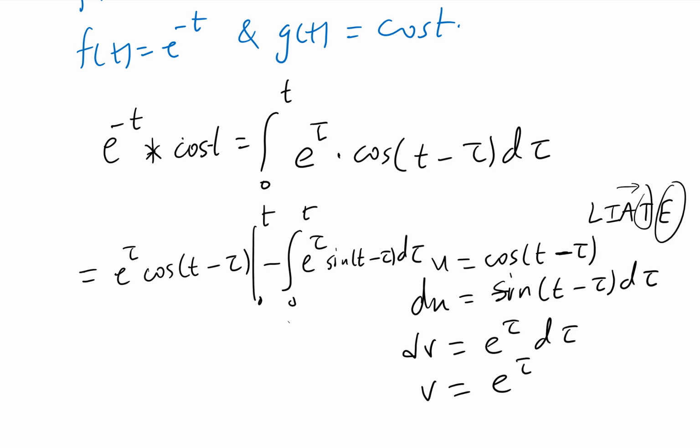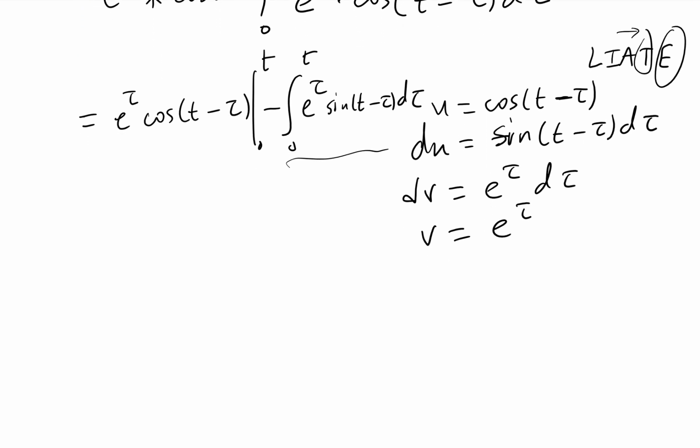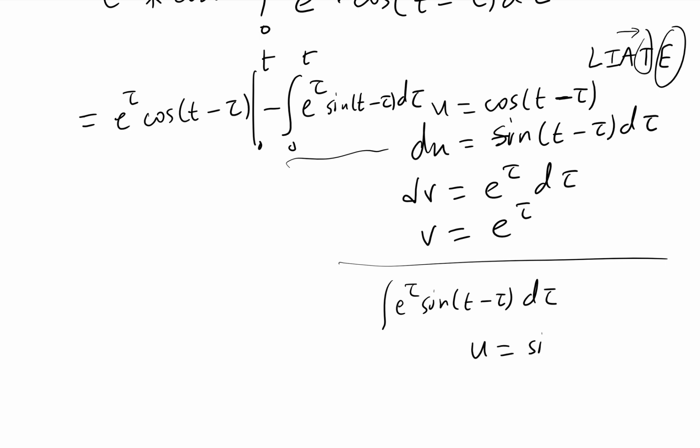Now we need to evaluate this. We do integration by parts again, so I'm going to do it on the side here. The integral of e^tau sine of t minus tau d tau. If u equals sine of t minus tau, du is negative cosine of t minus tau d tau.